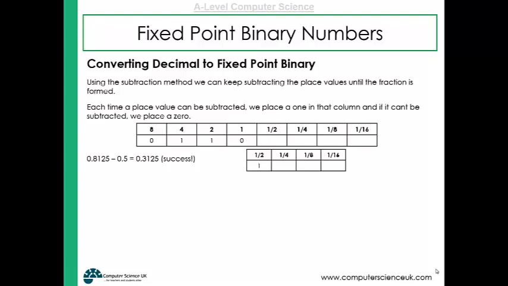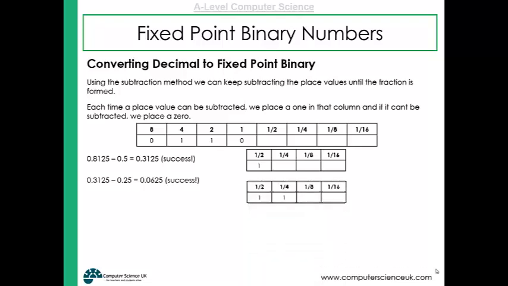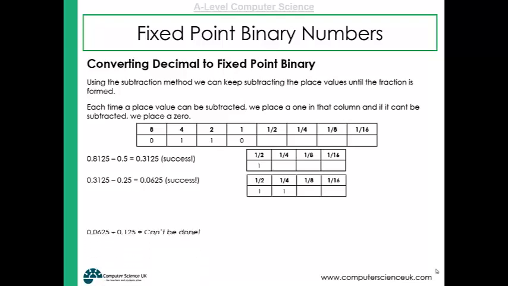So now what we do is we move on to the next place value. So a quarter. Can we subtract that from the previous remainder, 0.3125? Well, yes, we can. We can definitely subtract 0.25 from that. So we know that's another building block of the fractional part of the number. So we put a 1 under the quarter place value, and then we move on.